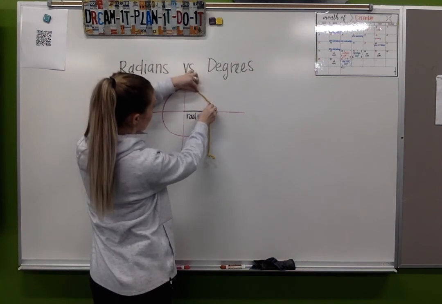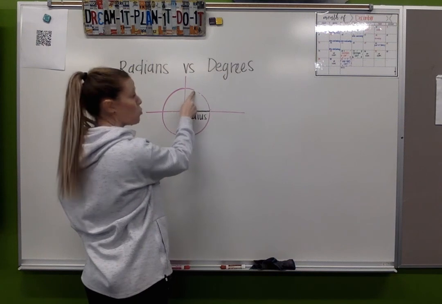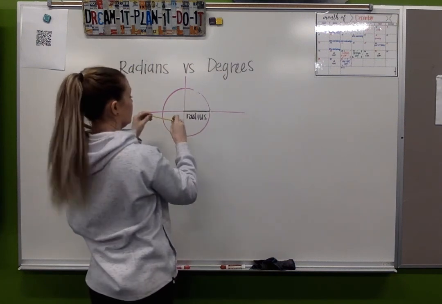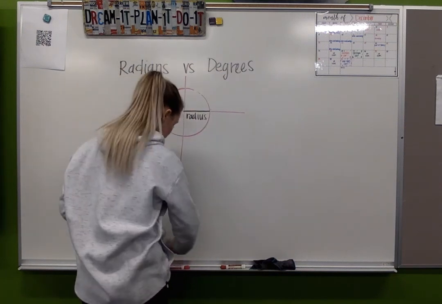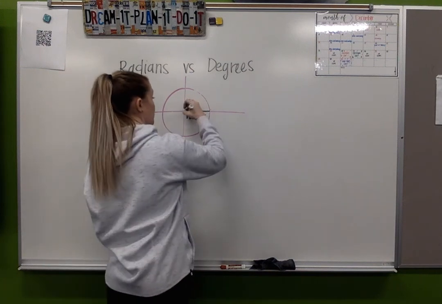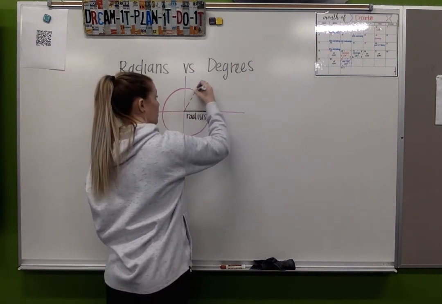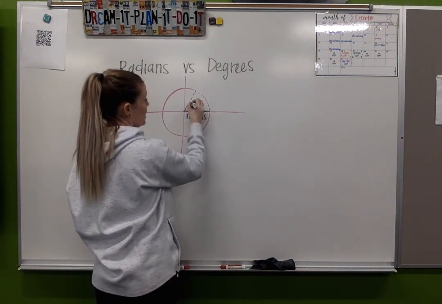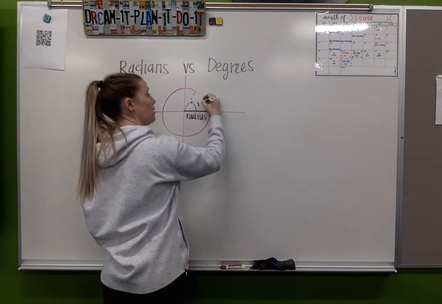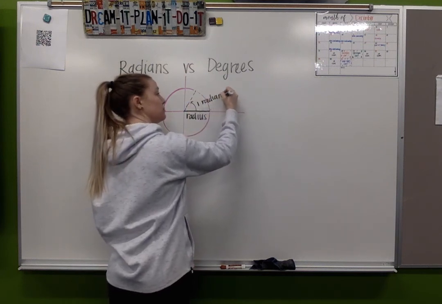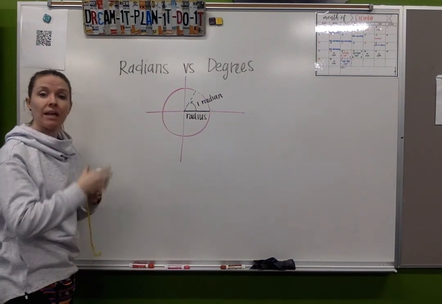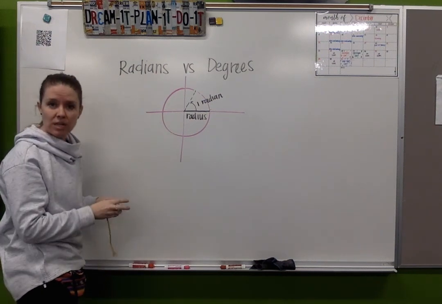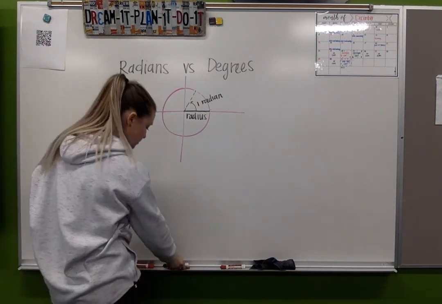I'm going to hit here. There's 1. I'll stop there. I just hit this mark right here. And this is 1 radian. That is 1 radius rotation around the circle.